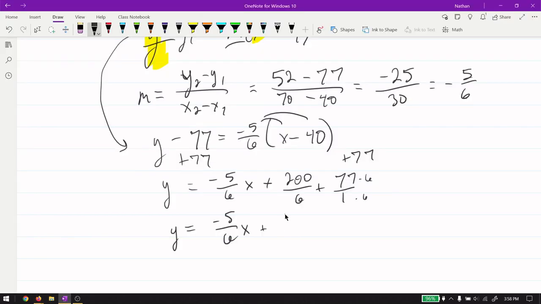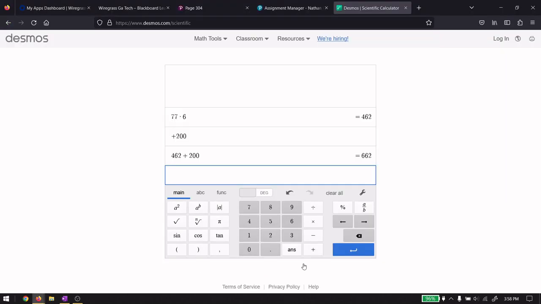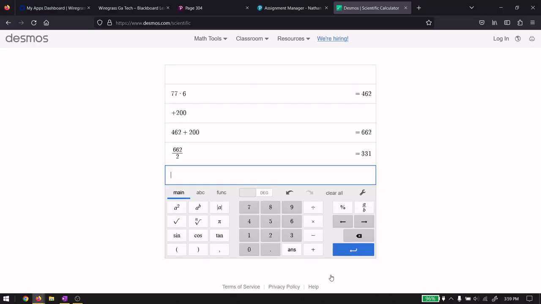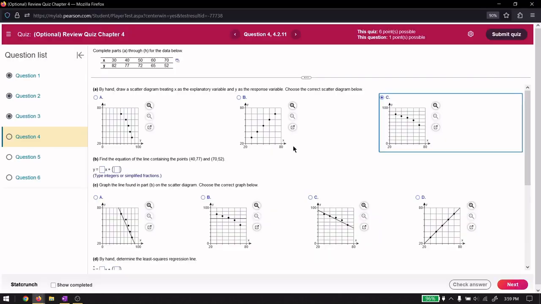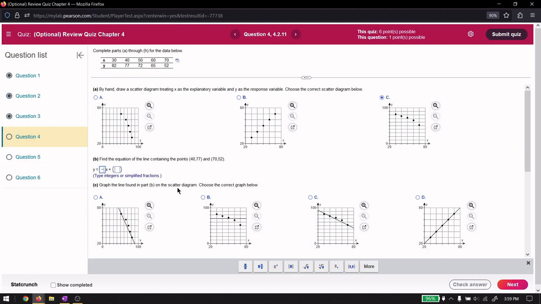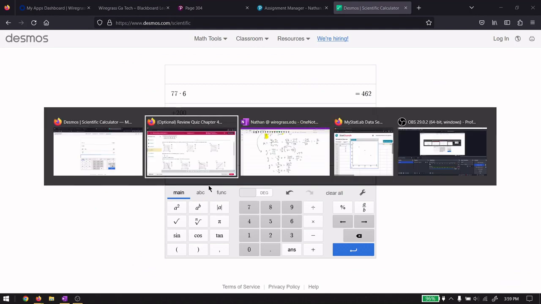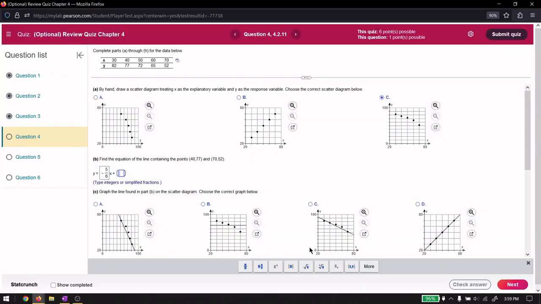It was 662 over 6. You can, of course, reduce that. 662 divided by 2 is 331 over 3. I just reduced the top and bottom by 2. Okay. That should be what we're looking for there, as long as I did it correctly. We want 331 over 3.